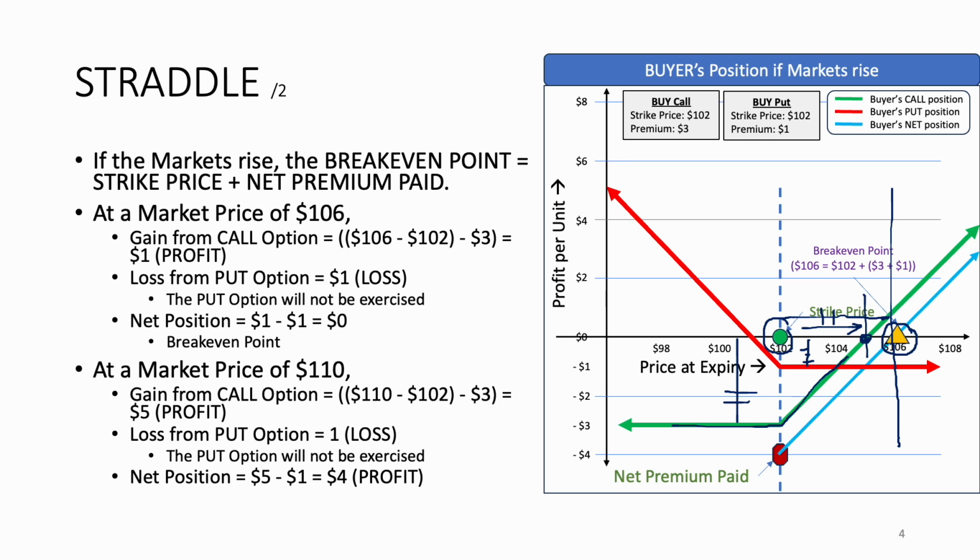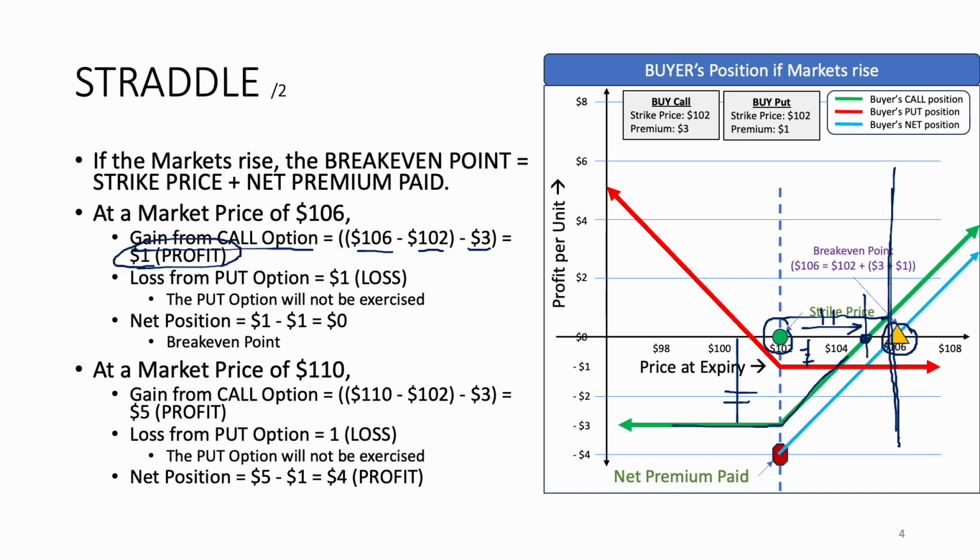Now $106 is greater than the strike price of $102, so the call option will be exercised and will produce a profit. The market price of $106 minus $102, which is the strike price, minus the premium paid, which is $3. So the profit will be $1.